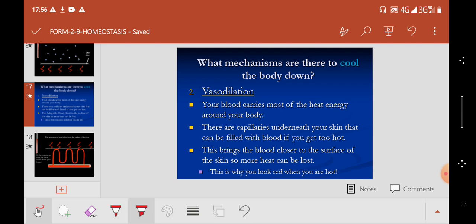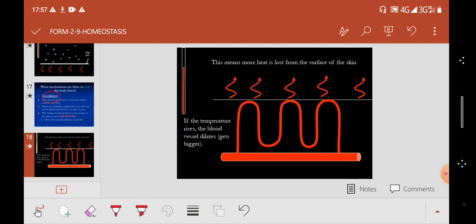So, vasodilation means you bring blood vessels closer to the skin, and when you bring blood vessels closer to the skin, heat is lost to the environment. And the opposite of vasodilation is vasoconstriction. Vasoconstriction means you bring blood vessels deep to the skin, and as they are taken deep, heat is not lost.